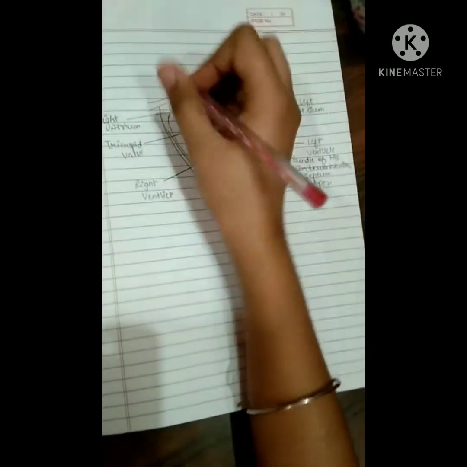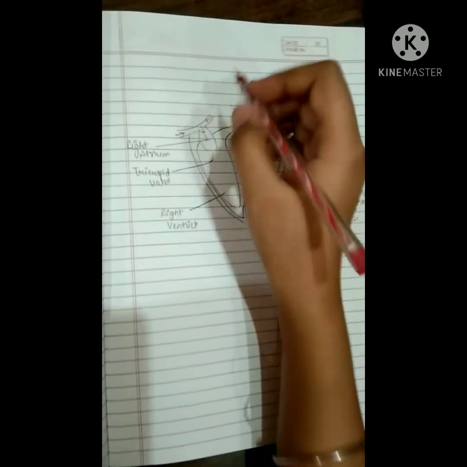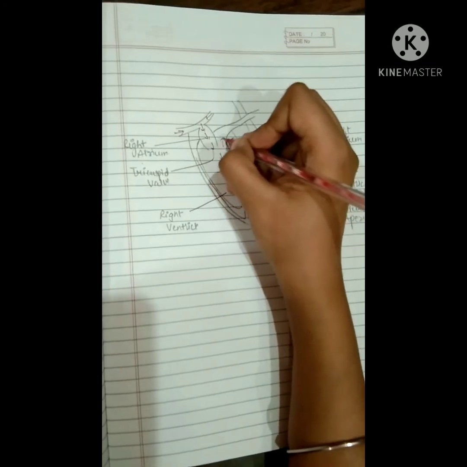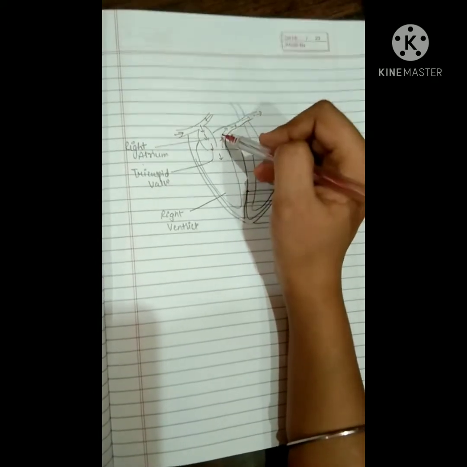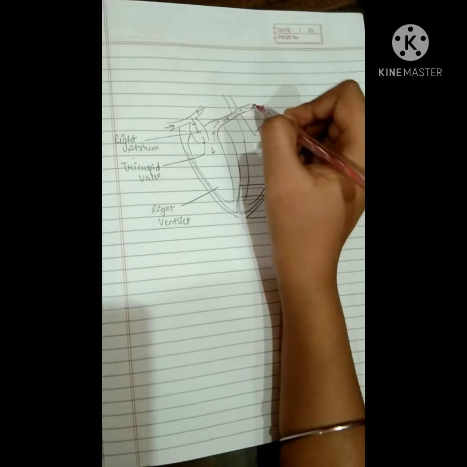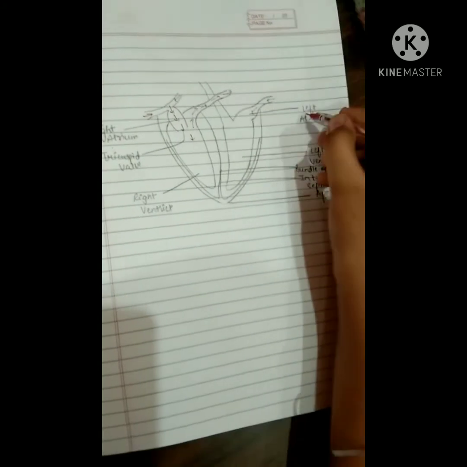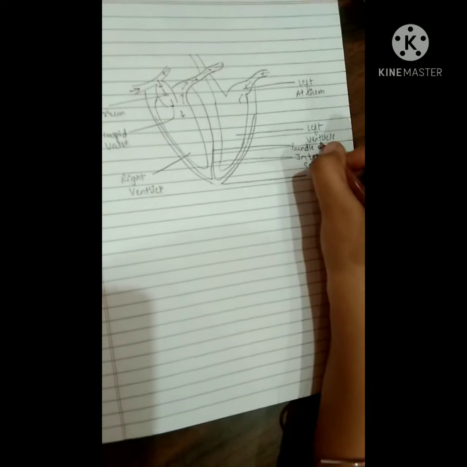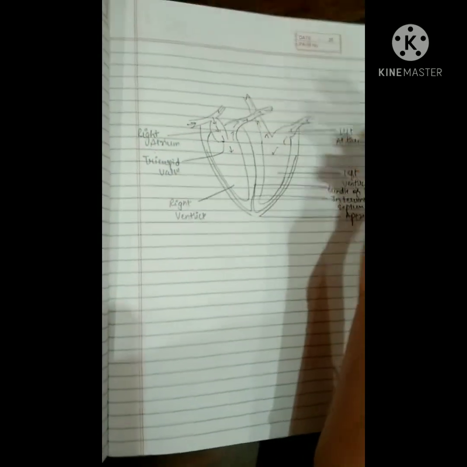Now the superior vena cava takes blood from other body parts and passes it to the right atrium, and the right atrium passes blood to the right ventricle, and through the semilunar valve it passes to the lungs through the pulmonary artery, and from the pulmonary vein blood enters the left atrium and passes to the left ventricle, and through the aorta it passes to other body parts.